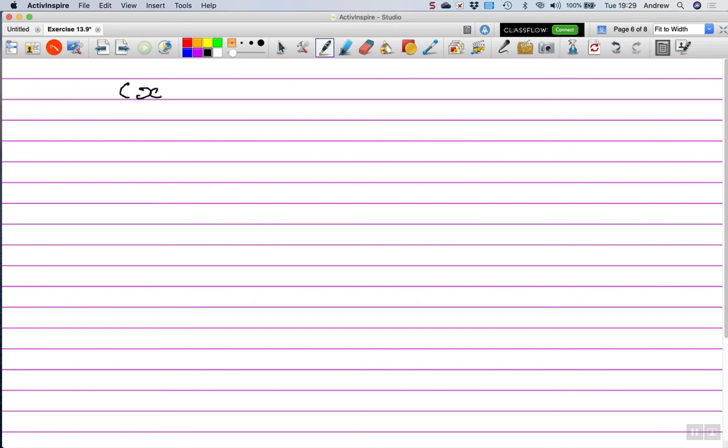Okay then, so here's number 6. It's (x minus 1) squared plus (y plus 2) squared is equal to 5. And they want you to find the equation of the tangent to the curve at the point (3, minus 3).